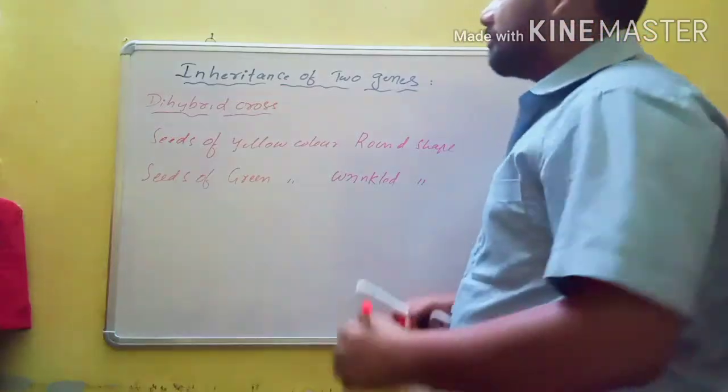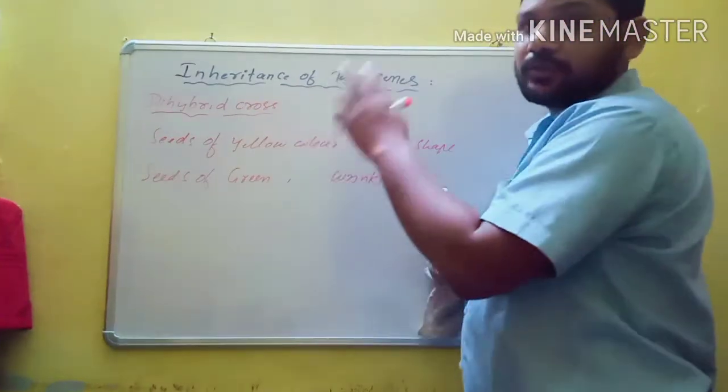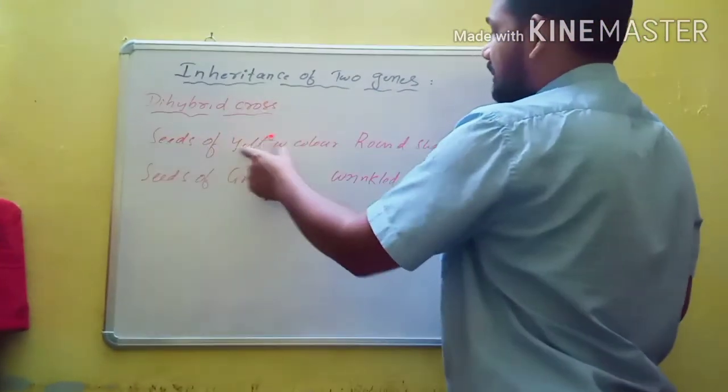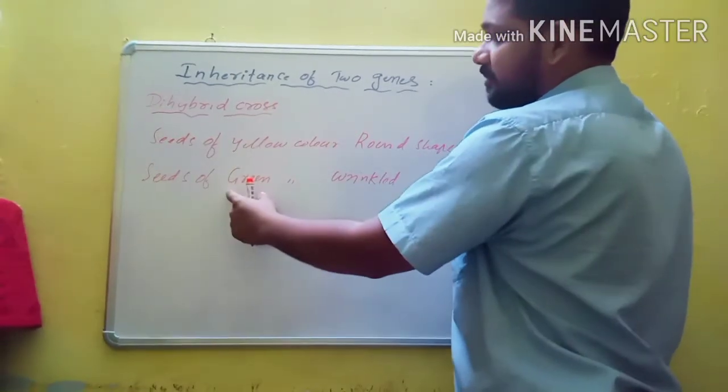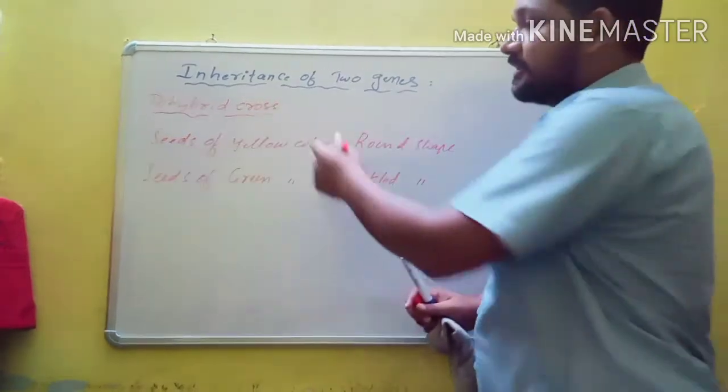These two pea plants differ in only two characters: seed color and seed shape. Some pea plants have yellow color and round shape, and some have green color and wrinkled shape. And these two are crossed.